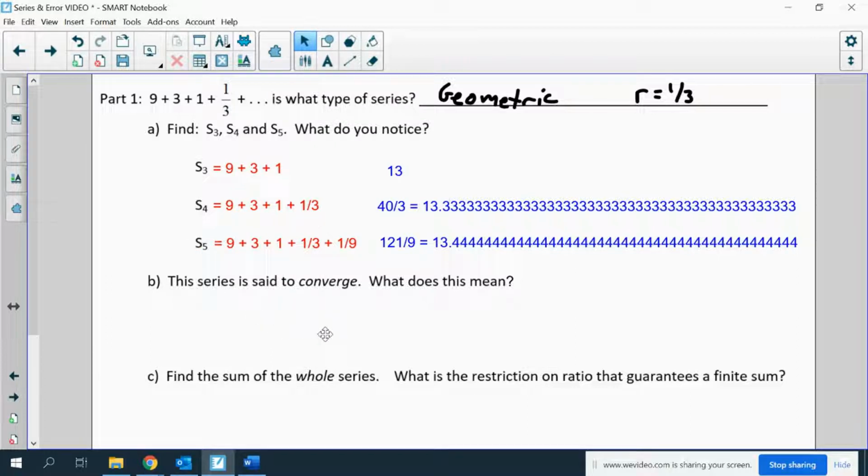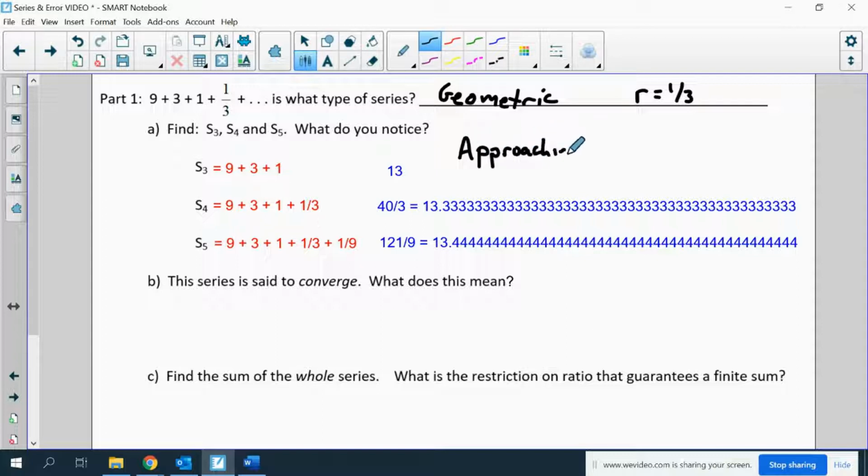And so what we may notice about this in part A is that they all appear to be approaching a value. It appears like it's getting pretty close to like 13.5. It looks like it's not going to get bigger than 14.